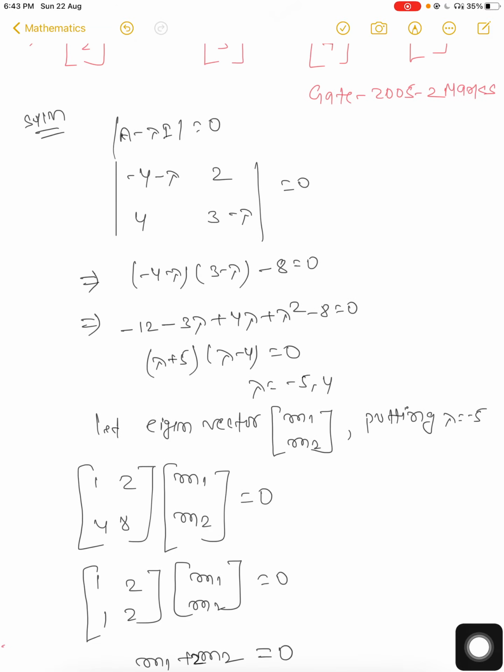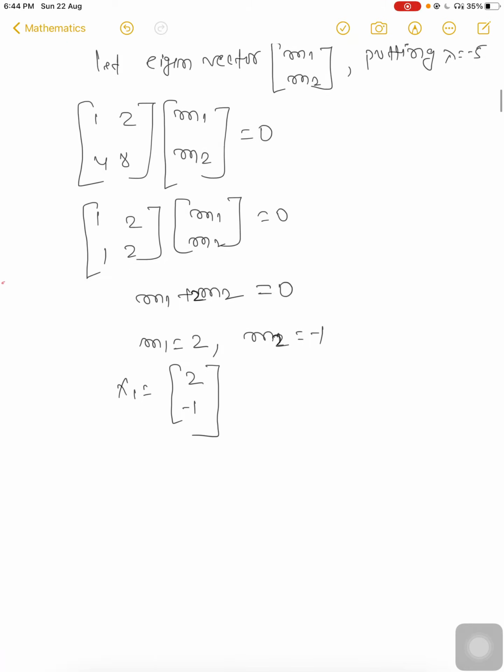You can check it here. We put lambda equal to minus 5 from here, and you will get 1 like this way, here you will get 8. Similarly you can put lambda equal to 4, then minus 8 is above and below you will get minus 1. You will get almost the same answer.